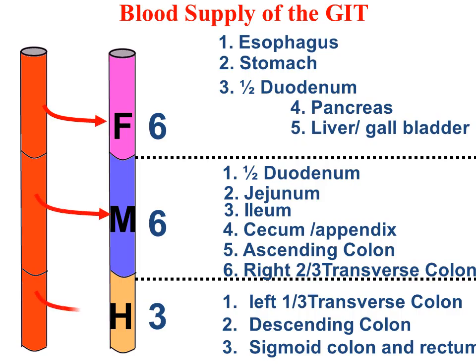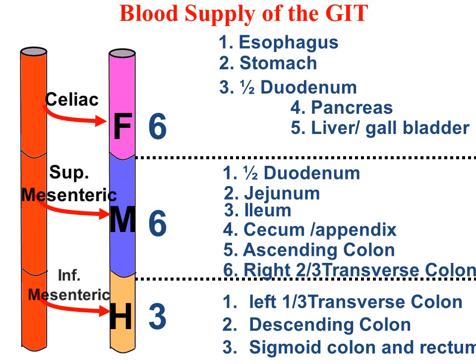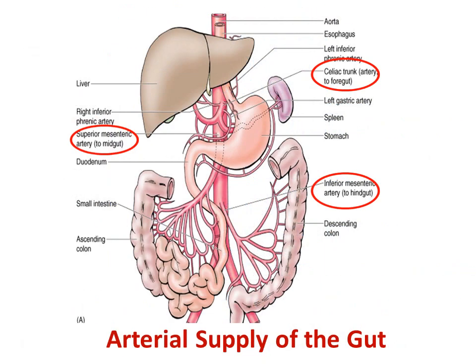As you can see here, for foregut, midgut, and hindgut: celiac, superior mesenteric, and inferior mesenteric. Also, you can see here the celiac trunk or celiac artery for the foregut, the superior mesenteric artery for the midgut, and the inferior mesenteric artery for the hindgut, and also their branches.